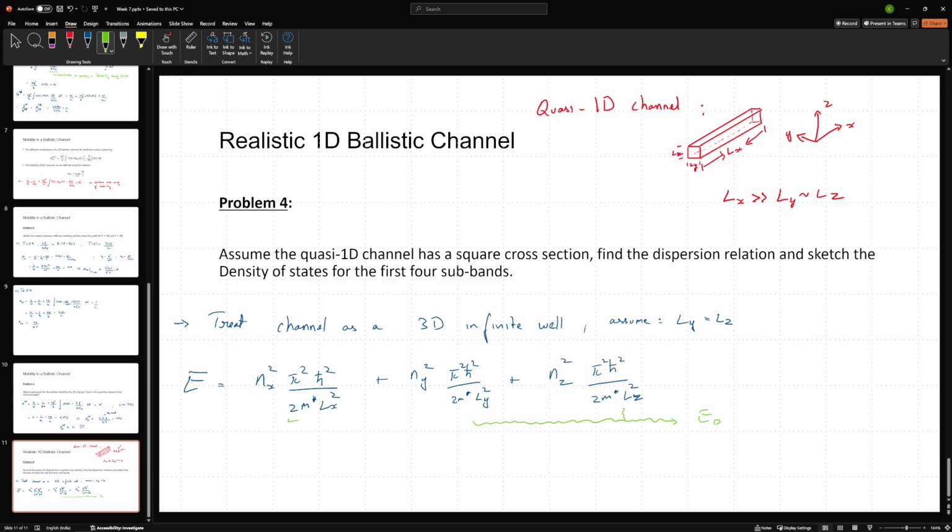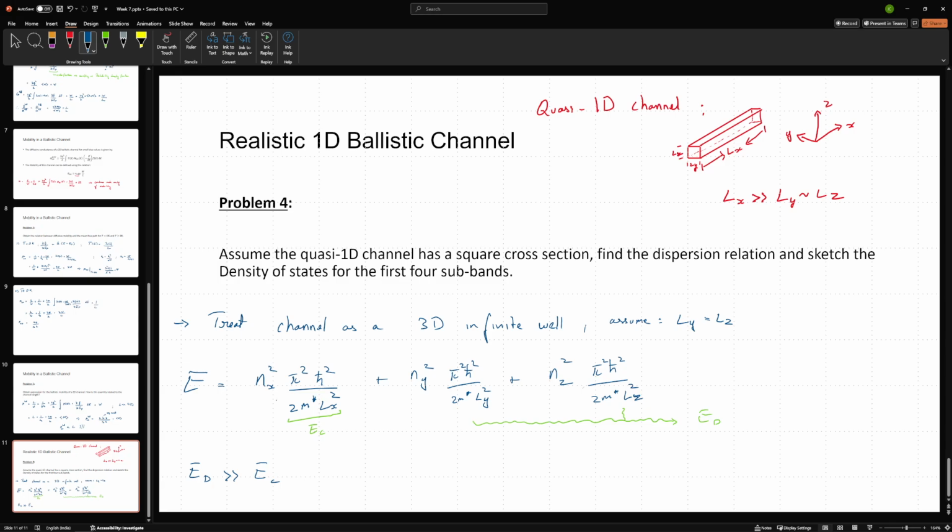Let me say this quantity here is EC. These are not some conduction band or donor or whatever, you'll see what these are. The first thing I can say is ED is significantly larger than EC, because Lx is very, very large, so this quantity here will be very, very small.